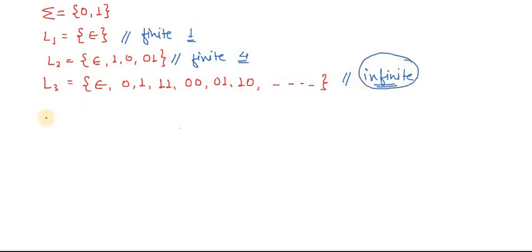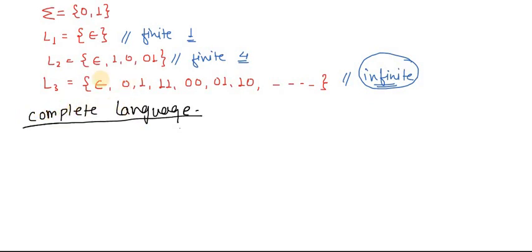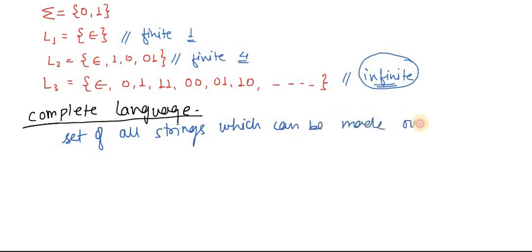Another term often used in the books is complete language. Let us try to understand what a complete language is. A complete language is nothing but a set of all strings which can be made over an alphabet. What does this mean? Suppose that I take an alphabet sigma equals alpha, an alphabet with only one symbol.